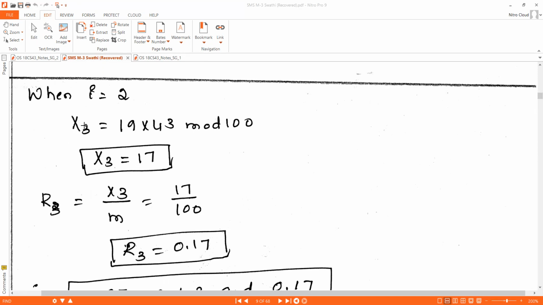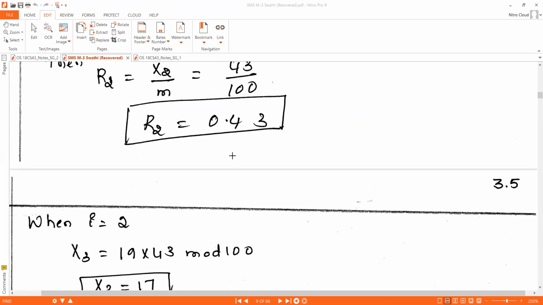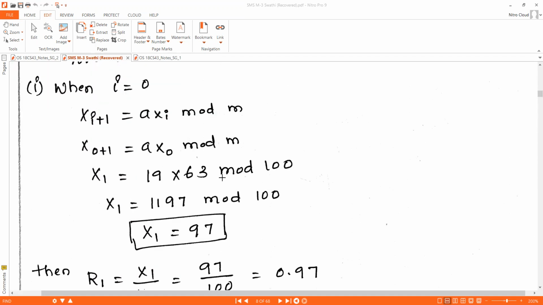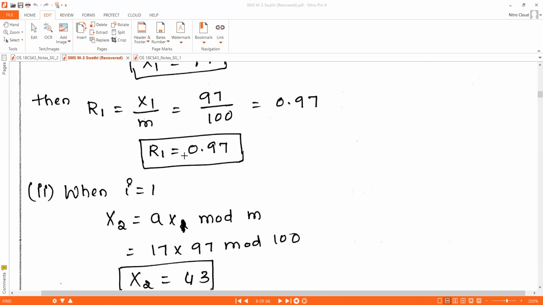X3 is equal to, now I equal to 2, if you substitute in this formula, xi plus 1 is equal to a into xi mod m. Now, if you substitute I equal to 2, what will happen here? This is 2 plus 1, it is 3. X3 we will get x3 equal to a into x2 mod m. Okay, that is the formula.